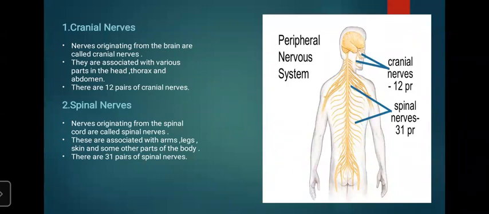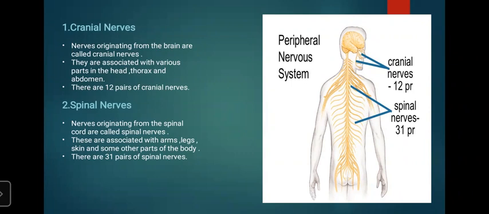So cranial nerves and spinal nerves, these are present in the peripheral nerves. The nerves which are originating from the brain are called cranial nerves. They are associated with various parts in the head, thorax, and abdomen. And there are 12 pairs of cranial nerves.